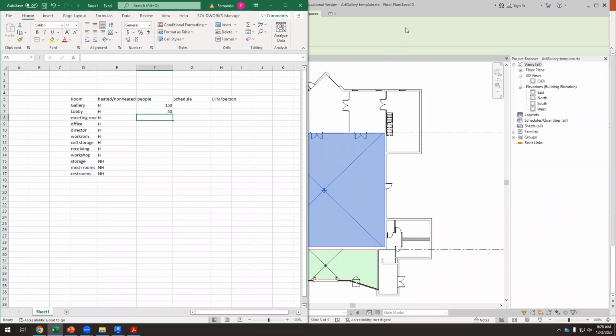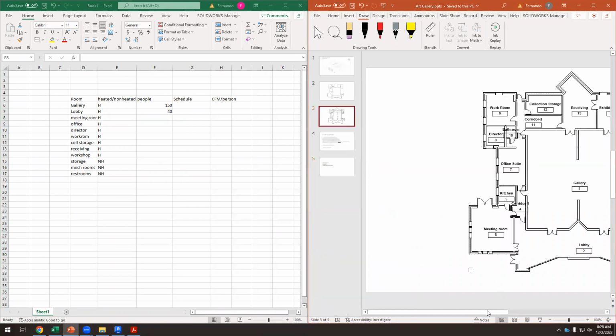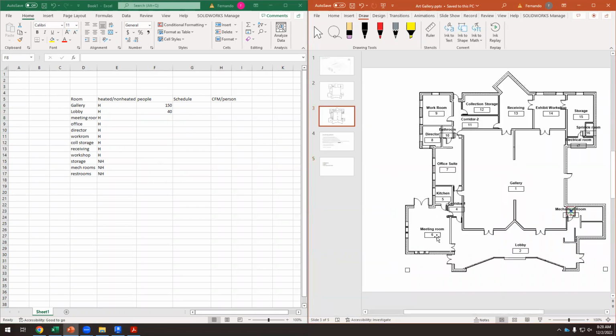Then what about the meeting room? I didn't count it, but it can be around 15 seats there, maybe. And then what about the office? If we have an office suite here, how many people can we have? Maximum 4. For the director's office, I don't think we can have 20 people. Let's say 2. For this workroom, maybe 5.